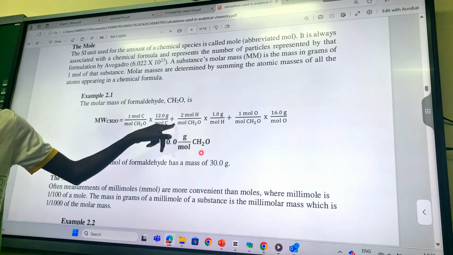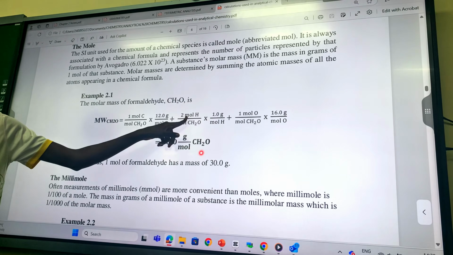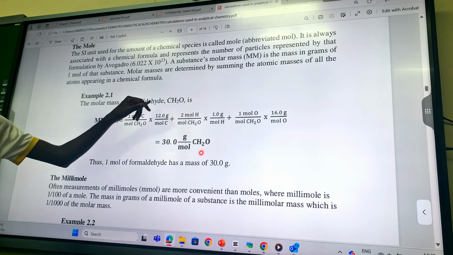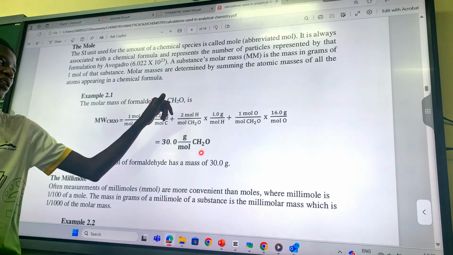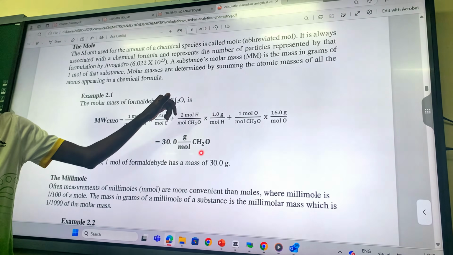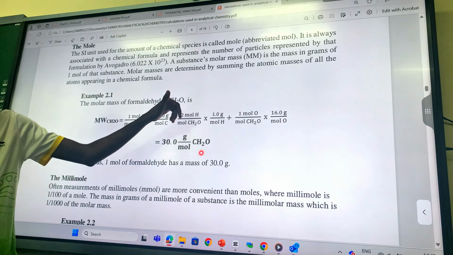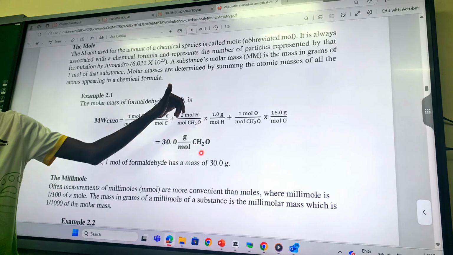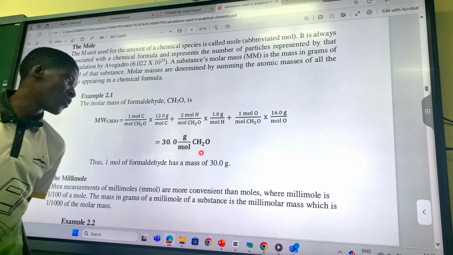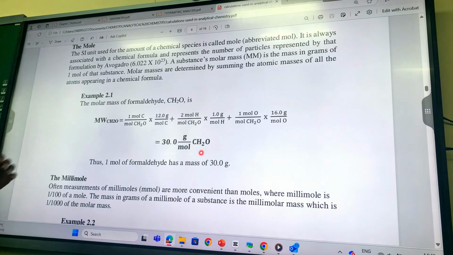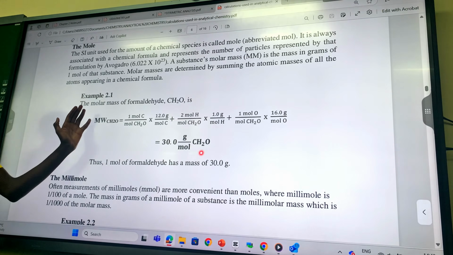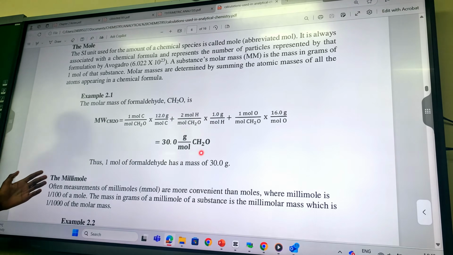Without confusing units, just do it the way that you're used to, but substitute units to say you've got 12 grams of carbon plus 2 times 1 gram of hydrogen plus 16 grams of oxygen, in grams per mole. So that is the molar weight, or the molar mass. Weight and mass, here molar weight and molar mass, still refer to the same thing.